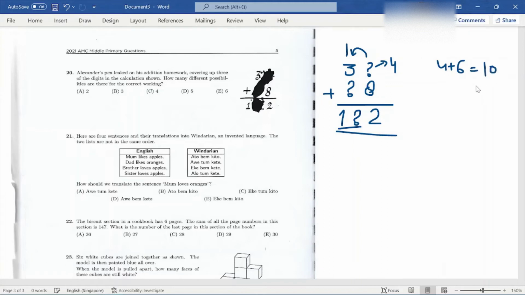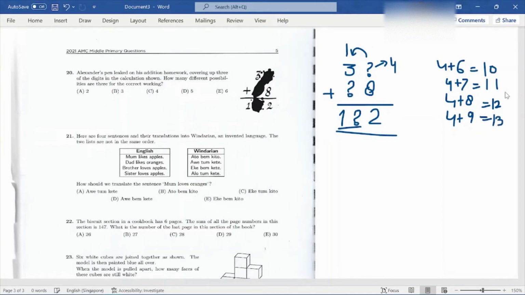That would give you 10 here. 4 plus 7, yes, that can be the answer. And 4 plus 8 can be the answer as well. 4 plus 9, how about that? Yes.